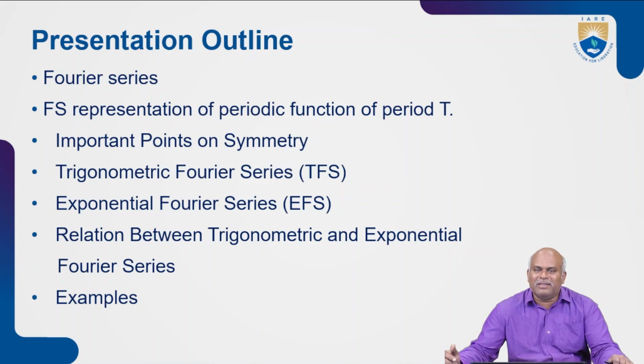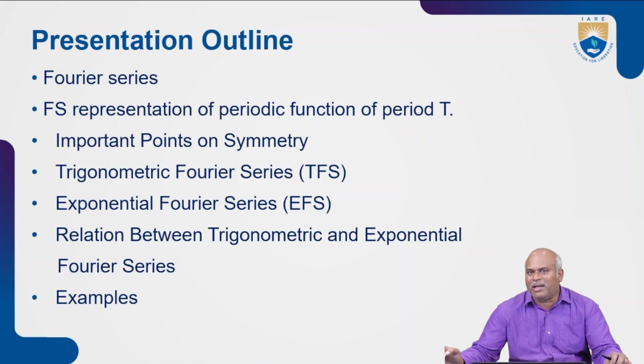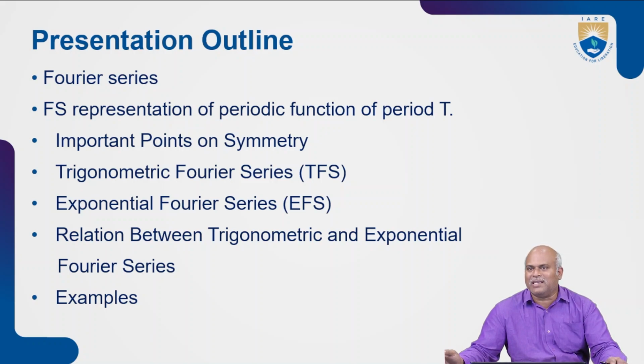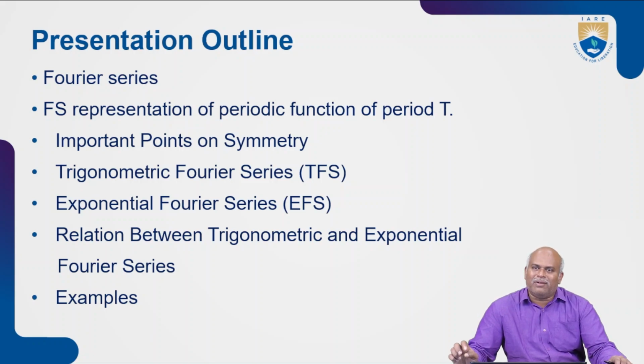At the same time, we studied the relation between the exponential as well as cosine Fourier series. Then we studied further some important points of symmetry condition. Then we found the relation between the trigonometric and exponential Fourier series and worked out one example.